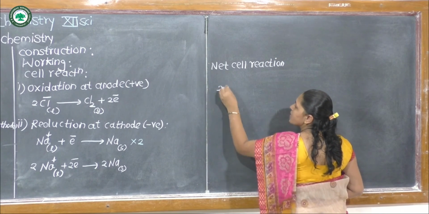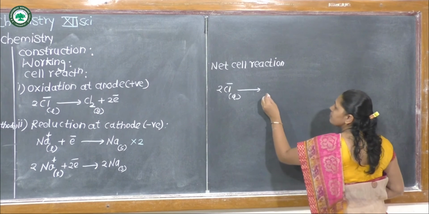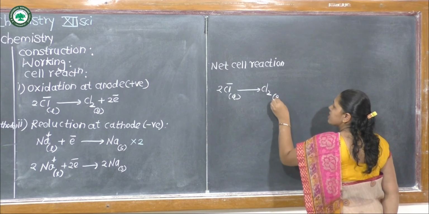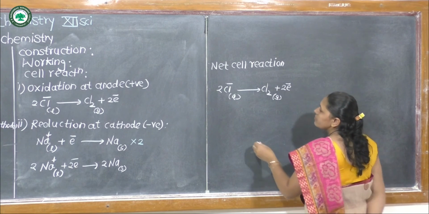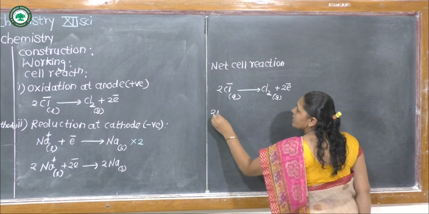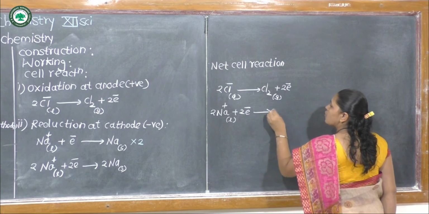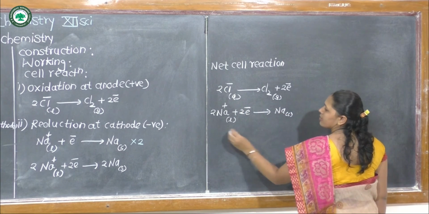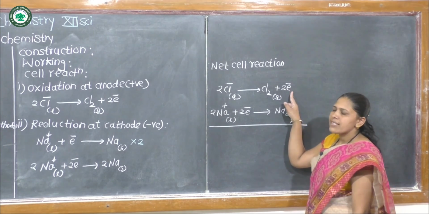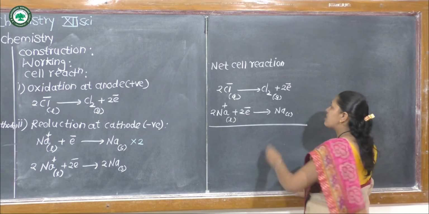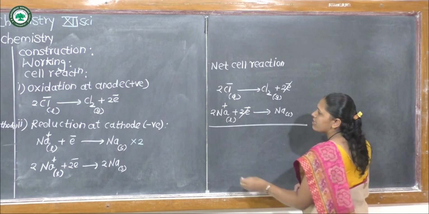First the oxidation half reaction: 2Cl- gives Cl2 gas plus 2 electrons. Then 2Na+ liquid plus 2 electrons forms sodium metal. Here the electrons lost by Cl- ions are accepted by Na+ ions, therefore the effect of the electrons is neutralized. Therefore the 2 electrons in both reactions get cancelled.